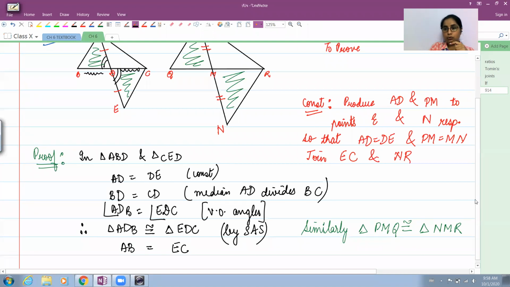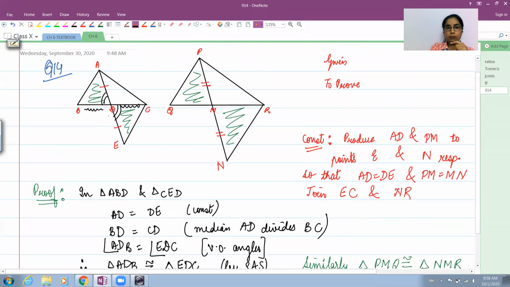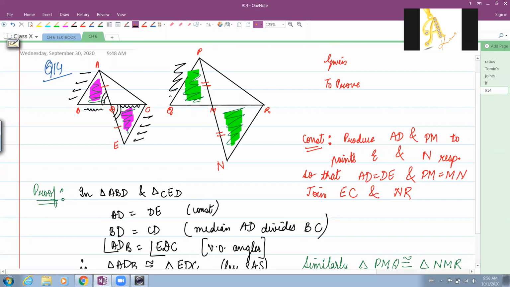Now I'm going back to the figure here with the help of congruence of these two triangles. इन दोनों ट्राइंगल्स की कॉन्ग्रुएंस से मैंने कंक्लूड क्या किया है दैट द साइड AB इज इक्वल टू साइड EC. Can you tell me what will I conclude in the second pair? From the congruence of these two triangles, what will be concluded? Ma'am, PQ equals to RN.